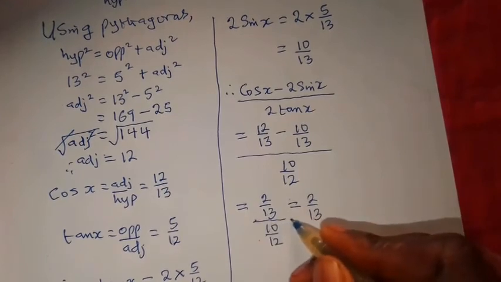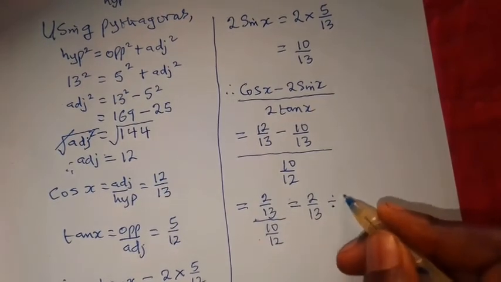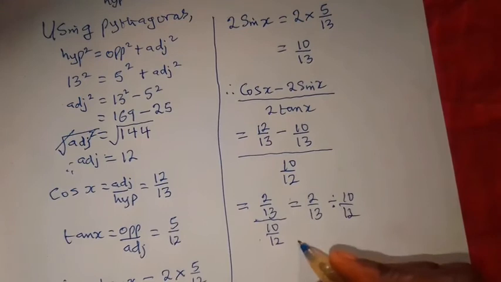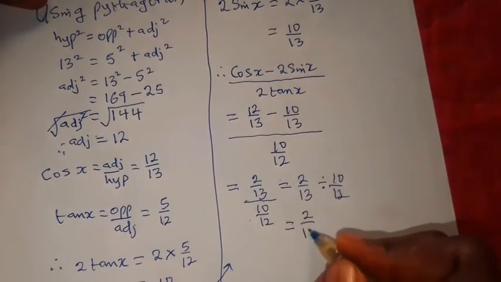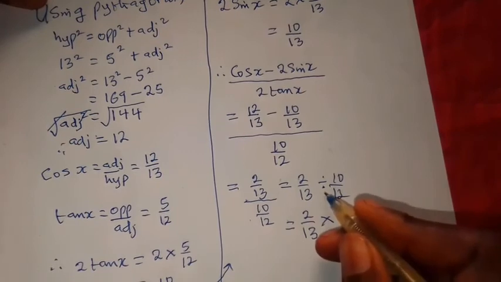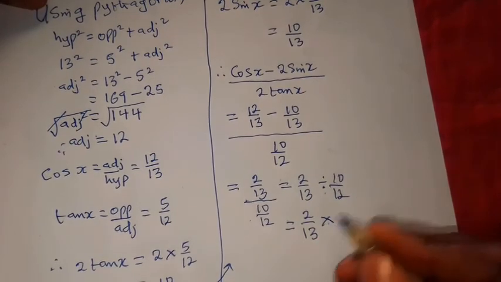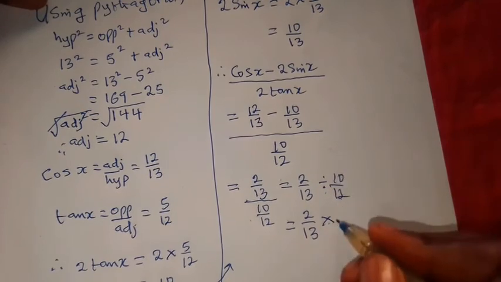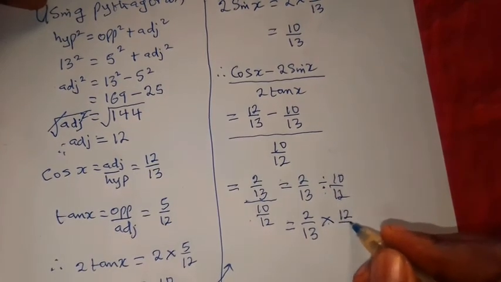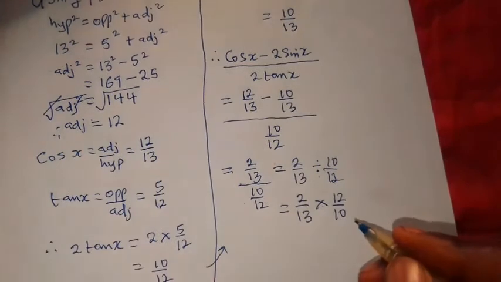Then this sign means divide. We say divided by 10 upon 12. We can still continue this by writing it as 2 upon 13 multiplied. If you change from division to times, you reciprocate this, meaning 12 will go up and 10 will come down. So it will become 12 upon 10.